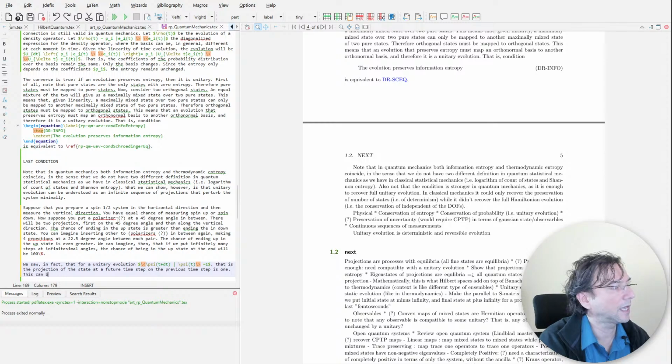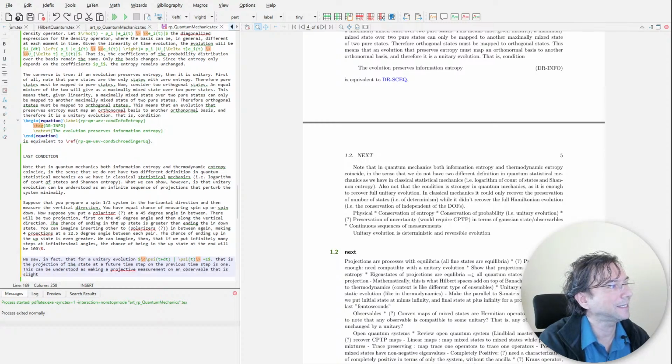This can be understood as making a projective measurement on an observable that is slightly different to one for which psi of t is an eigenstate.